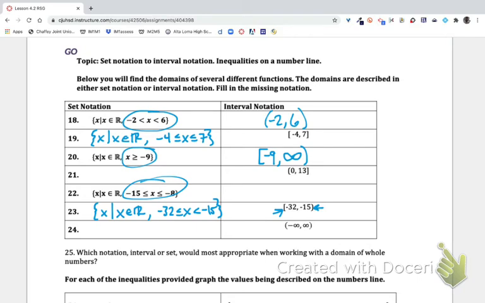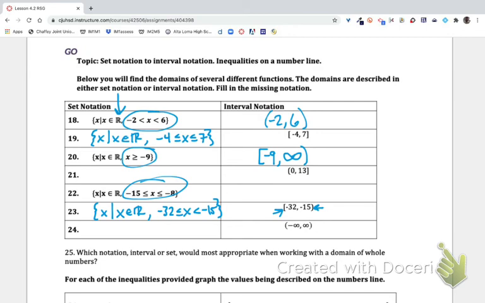For number 25, thinking about which notation, interval or set, would be most appropriate, think about the interval here tells me that I can take any number in between. The set notation allows me to be a little bit more specific. With set notation, I can choose what number set I'm working in.